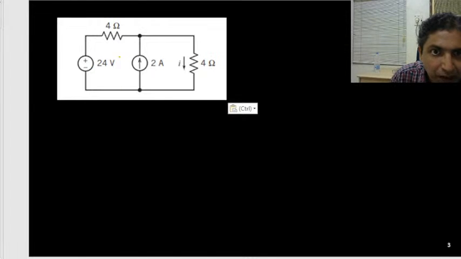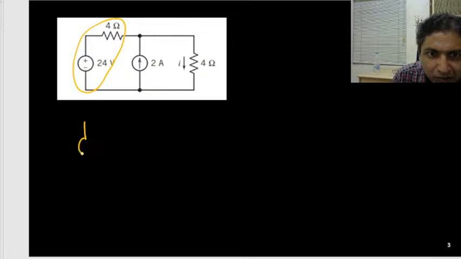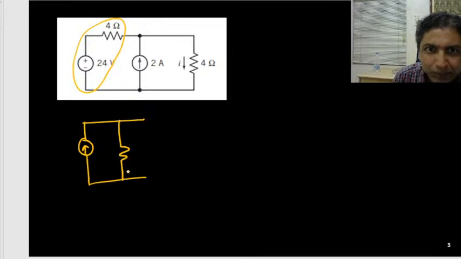Yes, good. So what we'll do, this voltage source and resistance, we can convert it to a current source and parallel resistance. That is the important thing. Then the rest of the circuit will join. So first let me know what is the current value. This 24 upon 4.